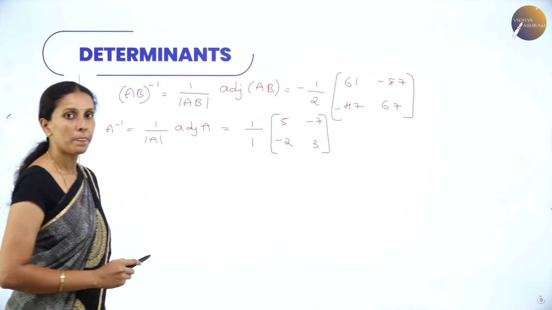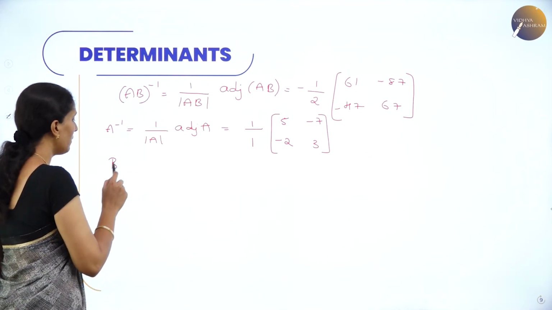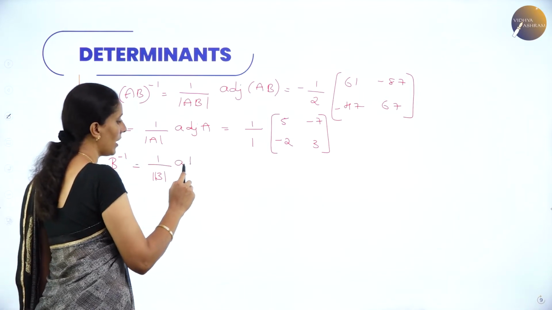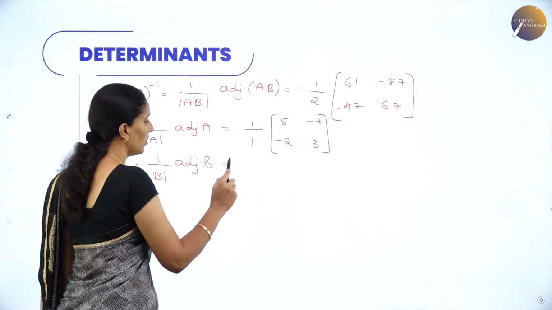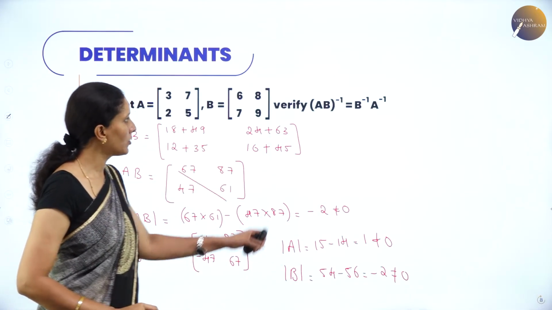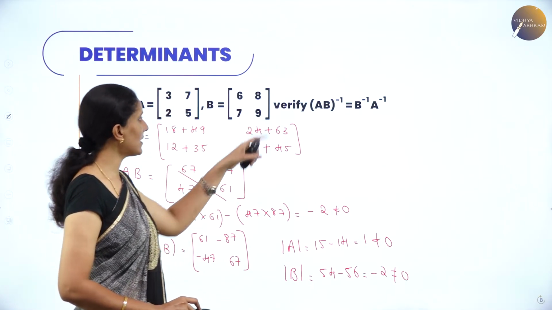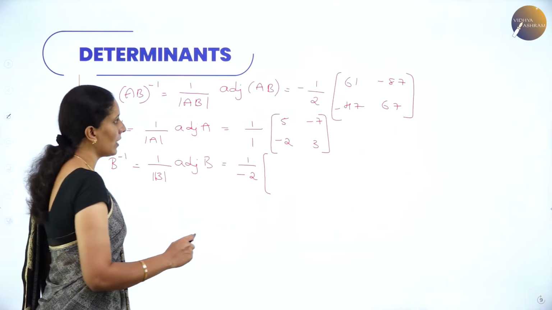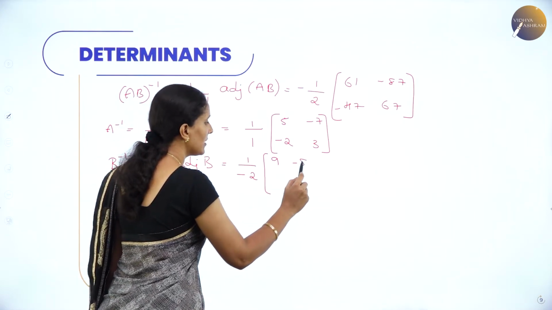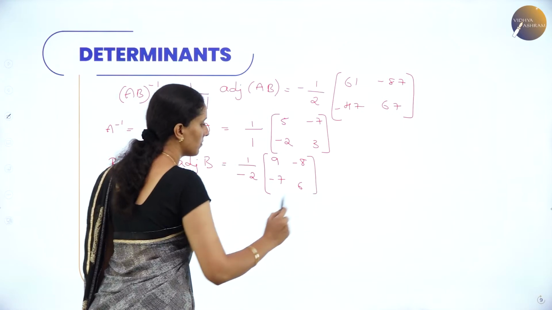So this is A inverse. Now B inverse is 1 over determinant B into adjoint B. So 1 over minus 2 we will get. What about adjoint B? We have B as 6, 8, 7, 9. So it becomes here 9 and 6, minus 8, minus 7.